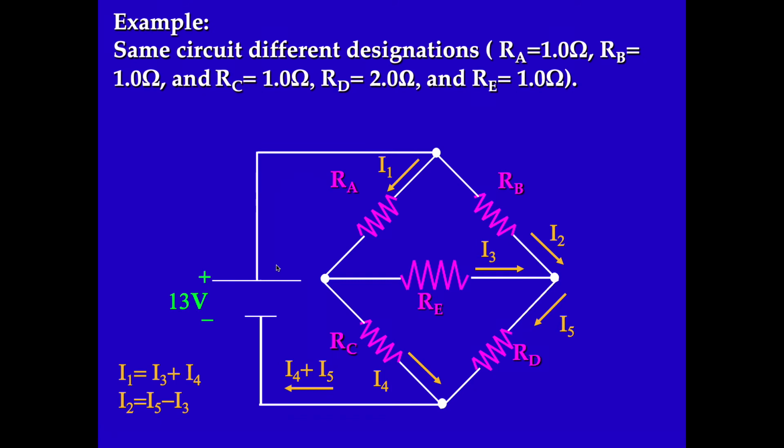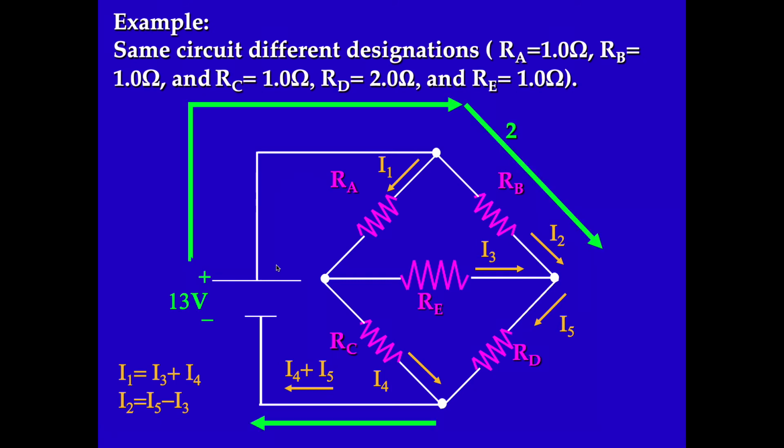That loop, and that loop. It doesn't matter what I choose. And what you'll find, even if these individual values look a little bit different, is that the currents everywhere will be the same. You'll still get I3 as -1. You'll still get the same I1 as before, except that it'll be written in terms of I3 and I4.